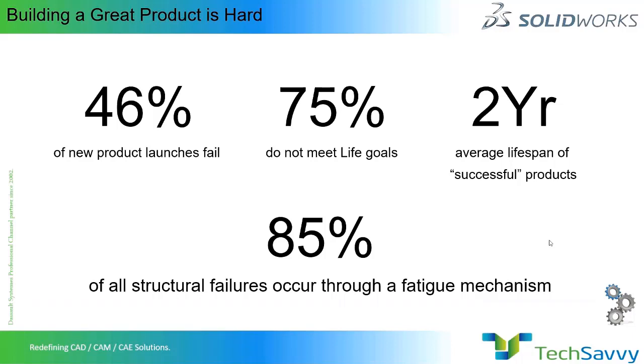When we talk about great products, say if we buy something or if you are in a very big industry and need to design a big product, it should be within a certain area. In this area, say 46% of products fail during the launch, 75% don't meet their life goals, and 85% of product failures are because of structure.